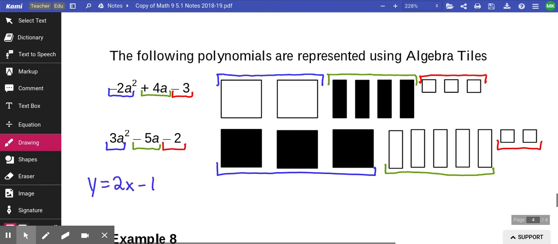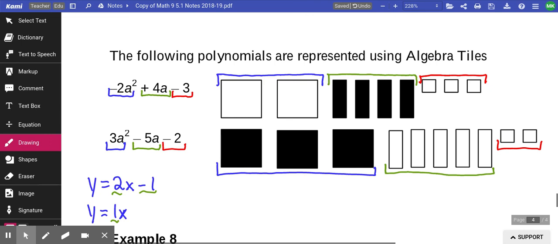And people would ask, why isn't that y equals 1x? People would take these numbers and try to add and subtract them to get 1. Algebra tiles help us understand why we can't do that. When you have different letters or different variables, it means you have different things. So you can't actually combine them together.